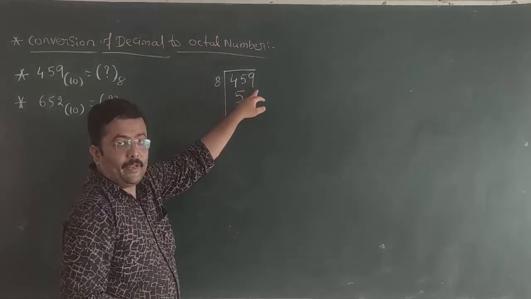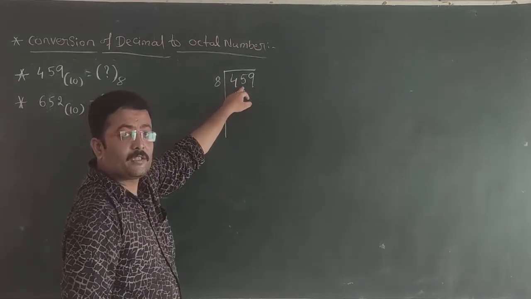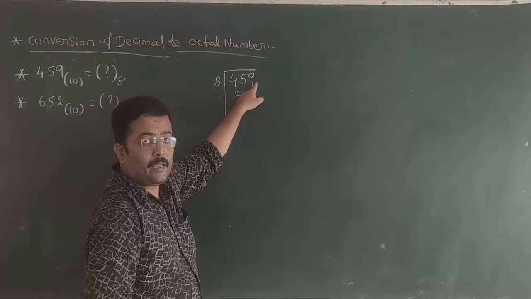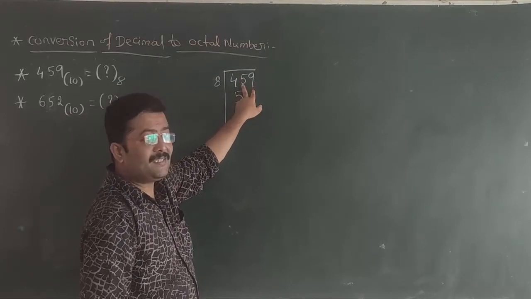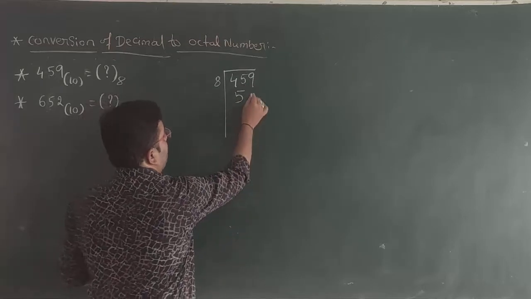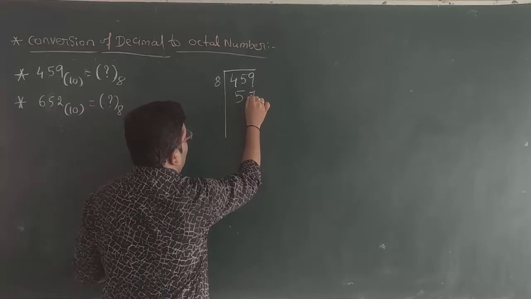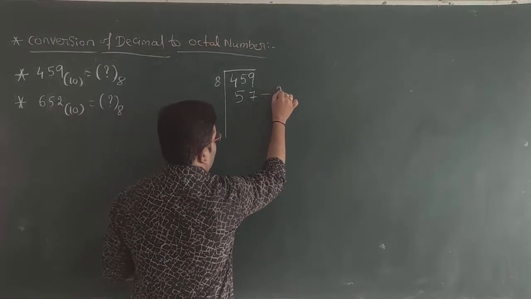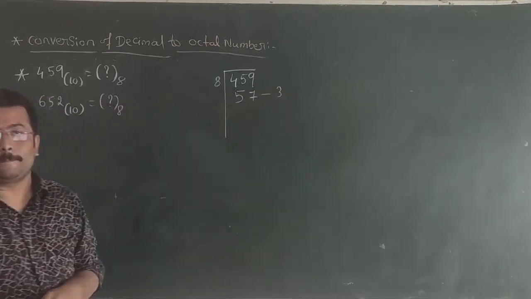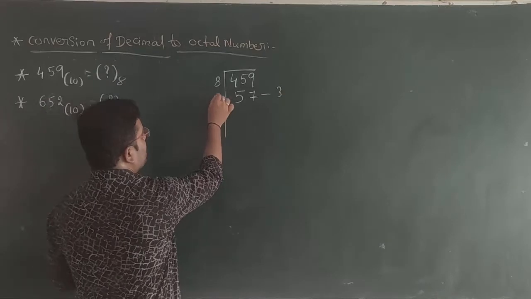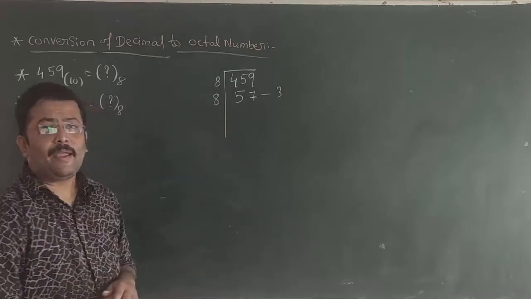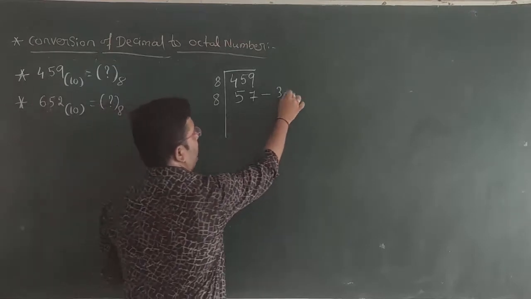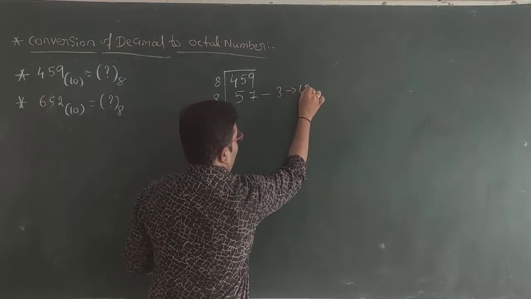Next 59, so 45 minus 40 is 5. So 5 and 9. Take 2 more digits: 8 sevens are 56, so the remainder is 3. Again repeat step 1 and step 2 until the quotient becomes 0. The first remainder is called LSB.